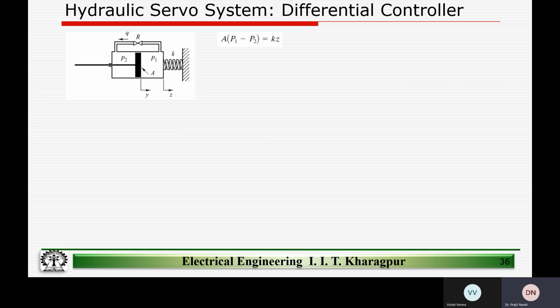Looking at the force at this boundary, the area multiplied by the pressure P1 acts in this direction, and P2 acts in the other direction.